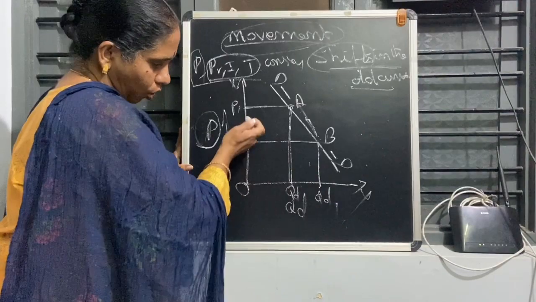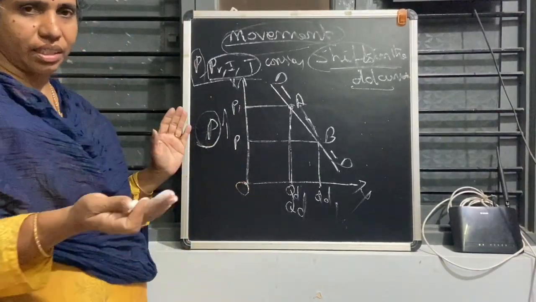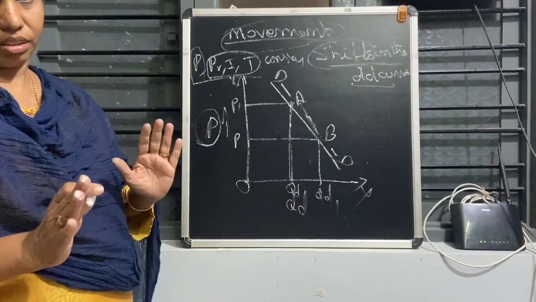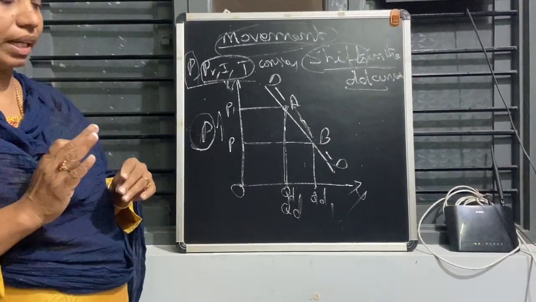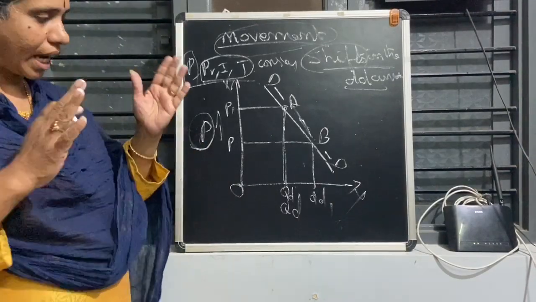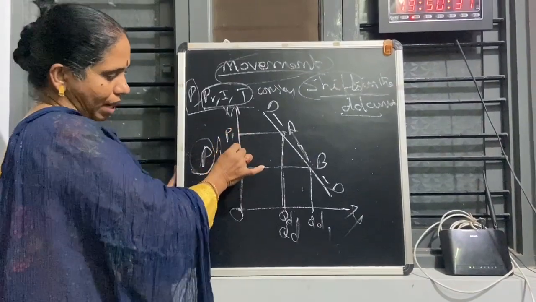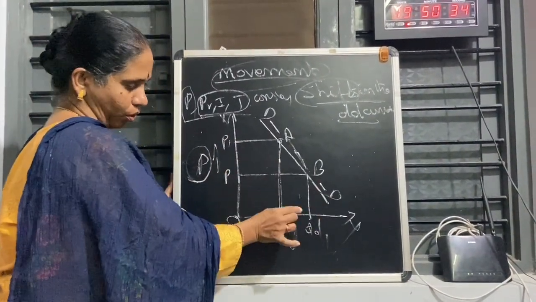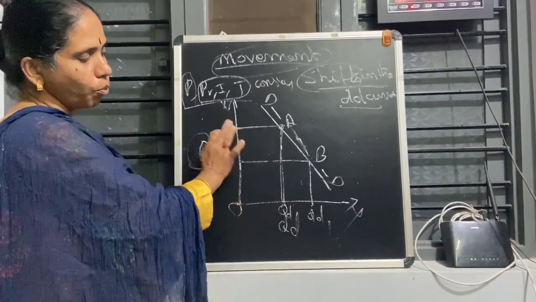When it's coming near to the origin, we call it contraction. Expansion and contraction mean increase and decrease. I'm using the words increase and decrease so you understand, but in the book it will be expansion and contraction. Expansion means more, contraction means less. Because the price is less, demand will be more; the price is more, demand will be less. This is a movement.